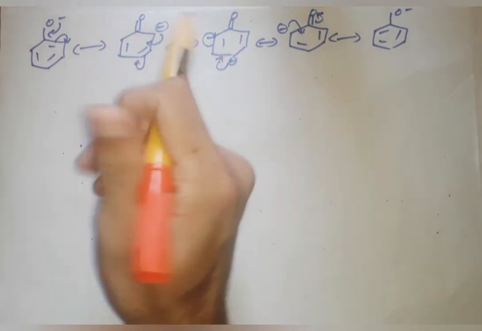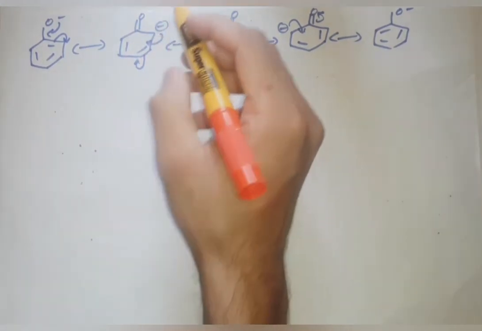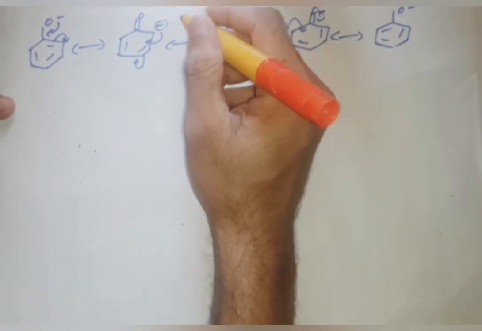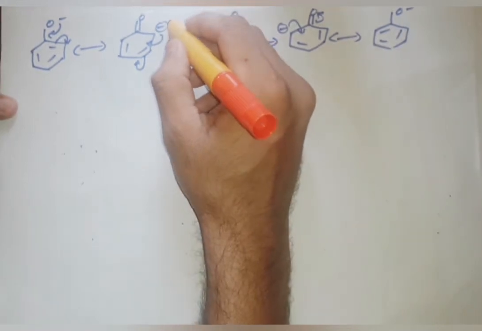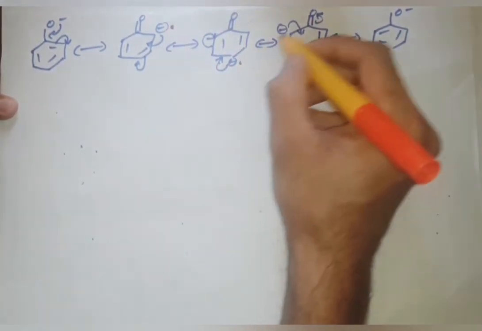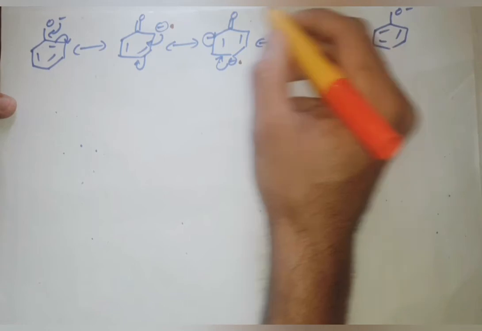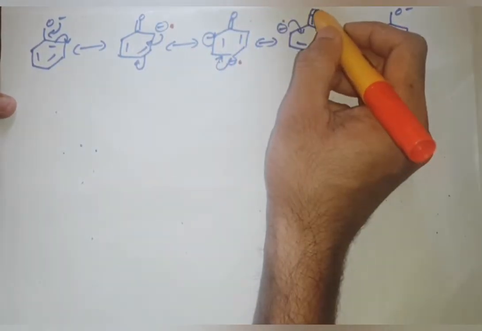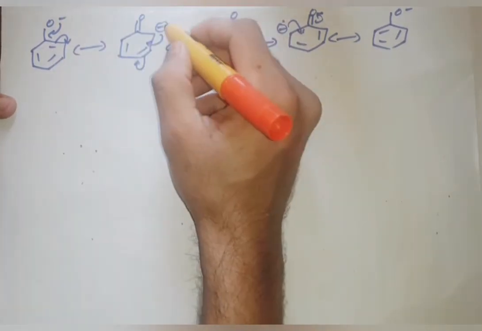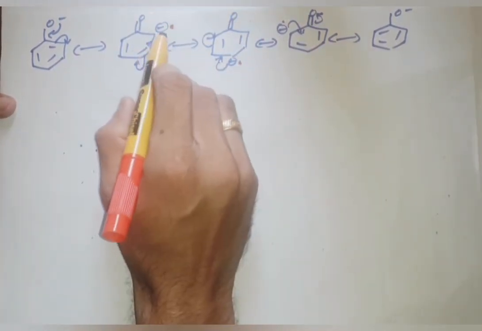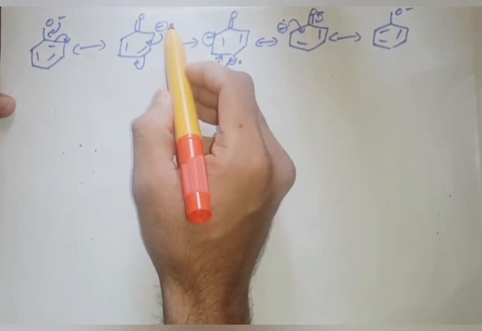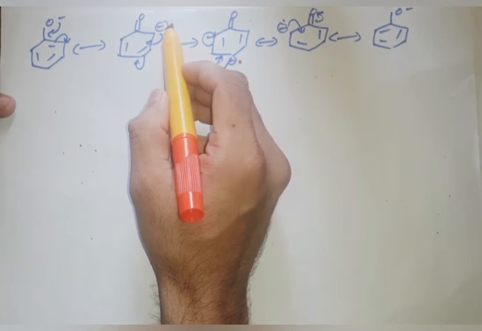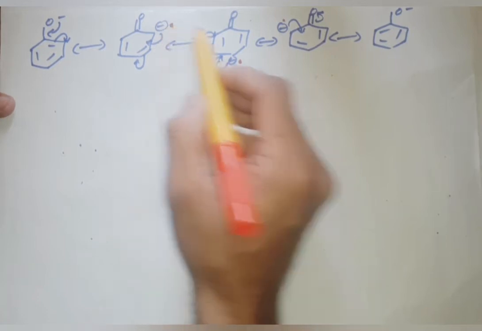Just look here, the negative charge is coming to the ortho and para positions, corresponding to this O minus ion.